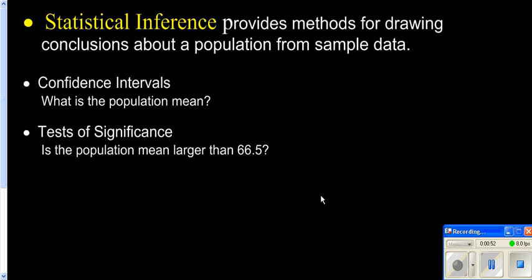So once again, with a confidence interval, you're really wondering what is the mean of the population. With the test of significance, you're wondering, is the mean of the population going to be larger than a particular value, equal to a particular value, different than a particular value, or less than a particular value?